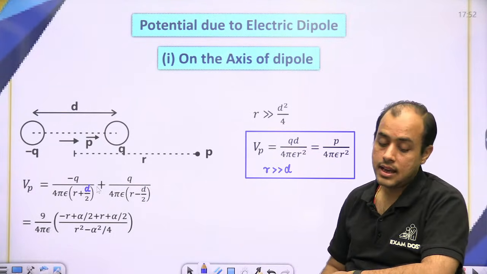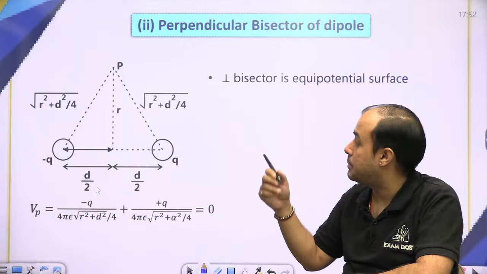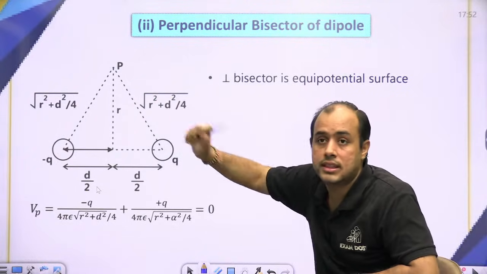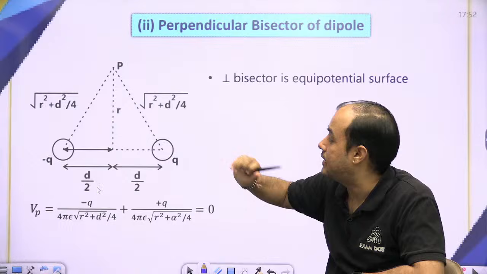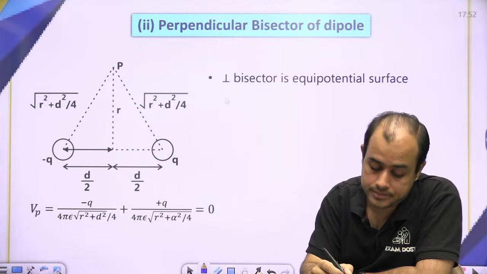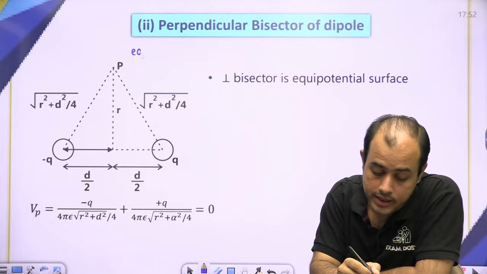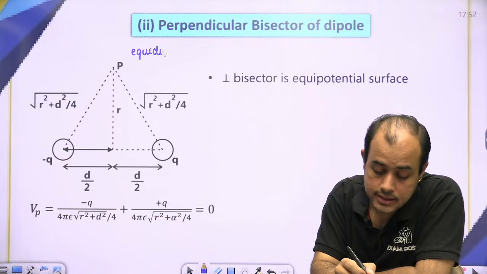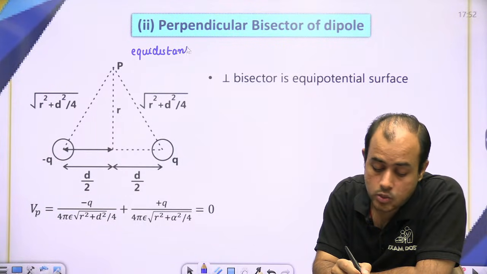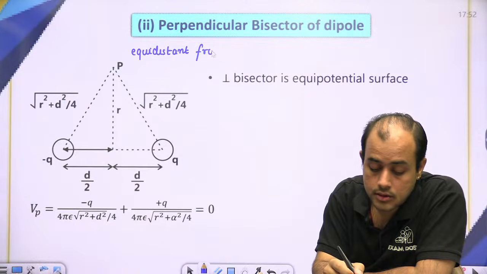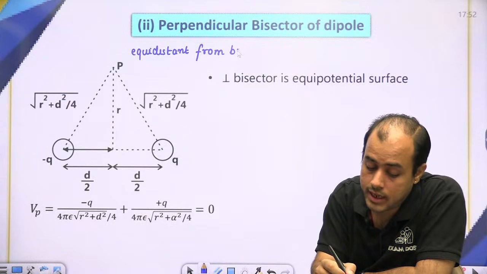Very easy. And on the equatorial plane, beta, this point P on the equatorial plane, it is equidistant from both the charges, and charges are equal and opposite, so the potential will be equal and opposite.